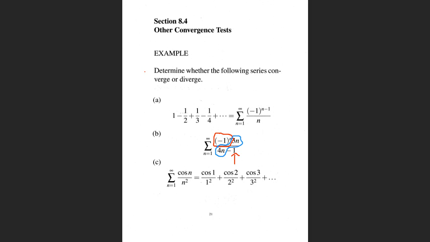That's right, class. So 3n divided by 4n, the n's simplify out, and you have 3/4. So the terms of this series for n large are going to start behaving like 3/4, -3/4, +3/4, -3/4, and so forth. And so the series never has a chance to converge.